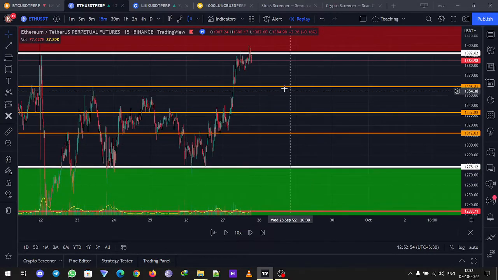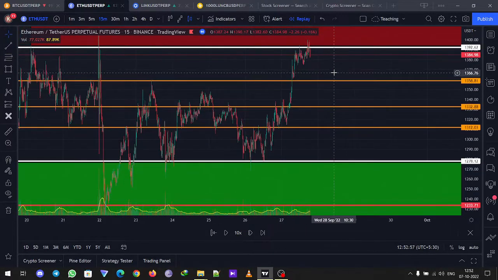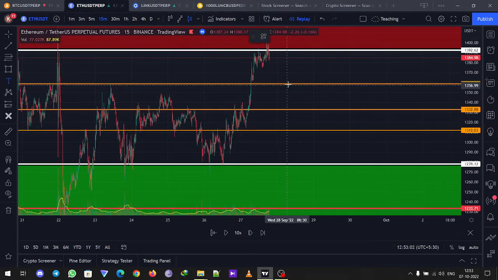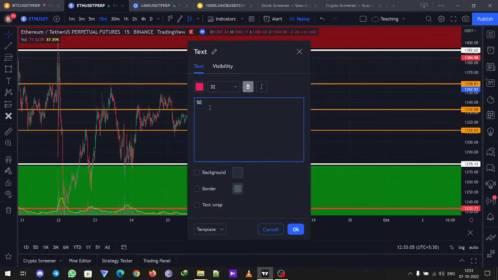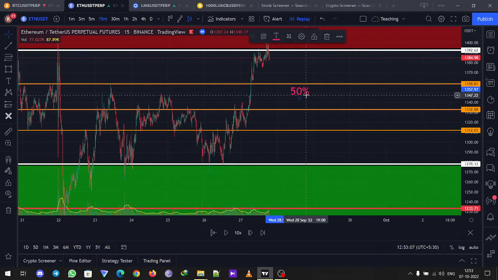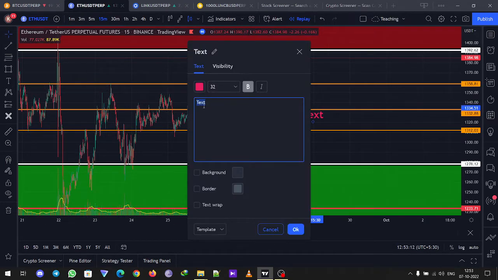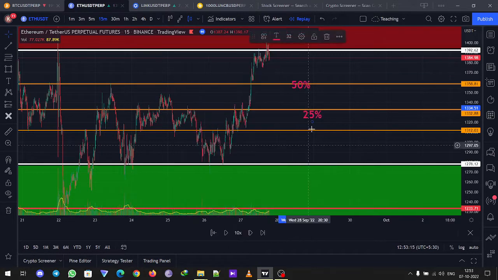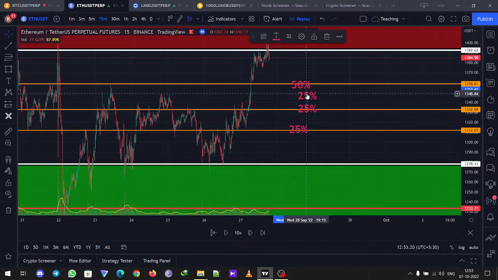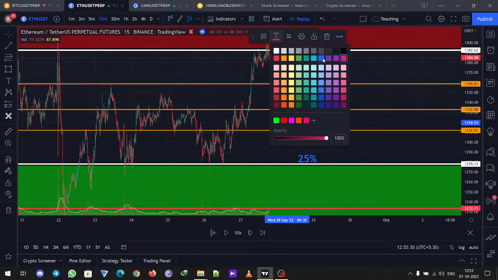And the profit booking will be as per the explanation in the previous video of the long trades. So we will book our 50% at this level, and we will book our 25% at these levels, and obviously you have a choice in these two levels.